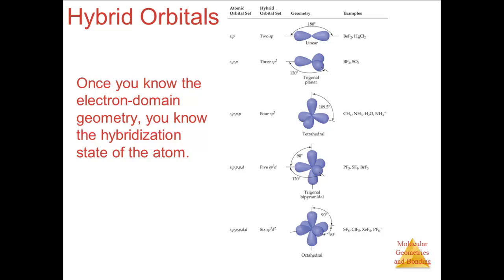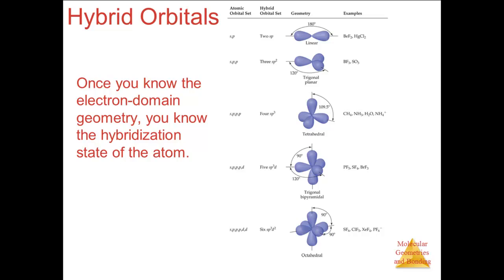So we have 5 types of hybrid orbitals: sp, sp2, sp3, dsp3, and d2sp3, which correspond to the 5 electron domain geometries. This is not a coincidence.